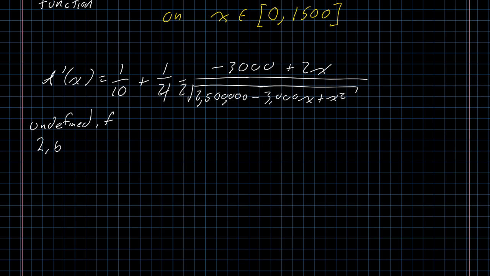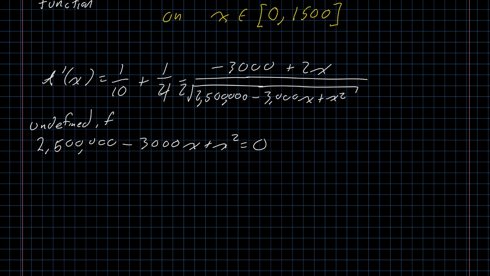If 2,500,000 minus 3,000x plus x squared is equal to 0, then our derivative is undefined, and undefined points are critical values.